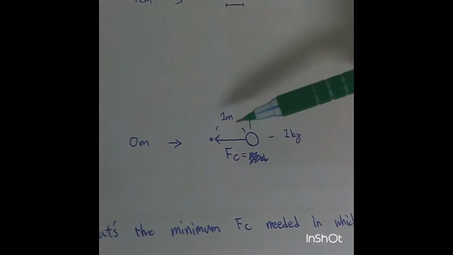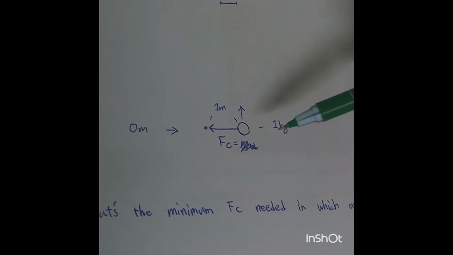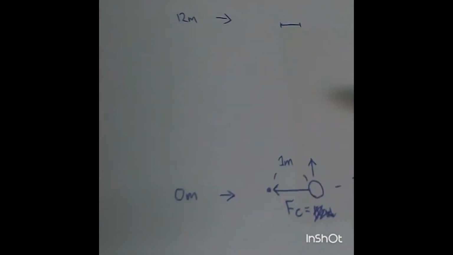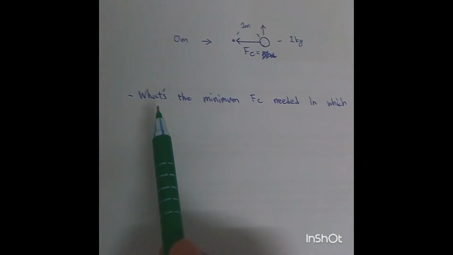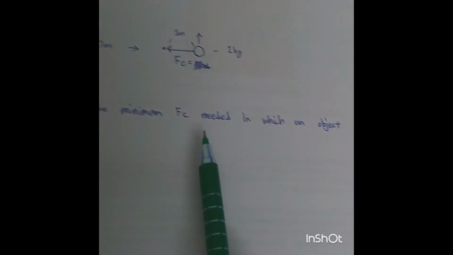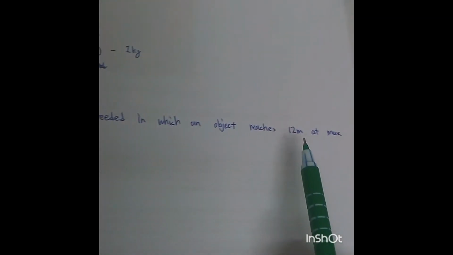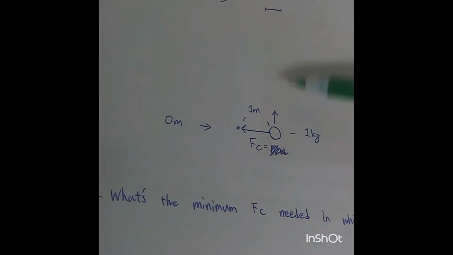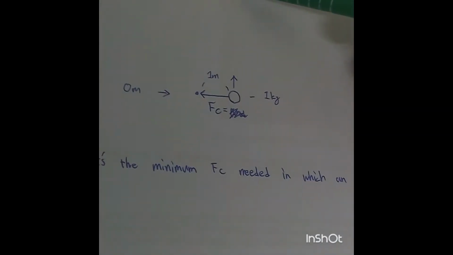The radius is given as 1 meter, the mass of the object is 1 kilogram, and they also give the 12 meter height, and this is the starting point, which is 0 meter. The question asks, what's the minimum centripetal force needed for an object to reach 12 meters at max? So the object is released at this point and reaches this point with a velocity of 0 meters per second.